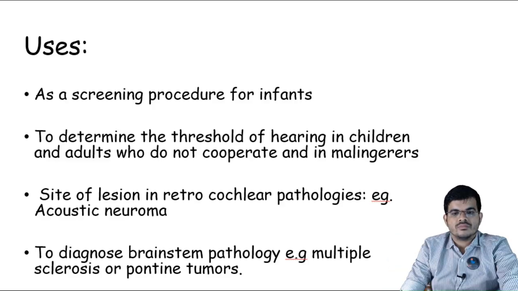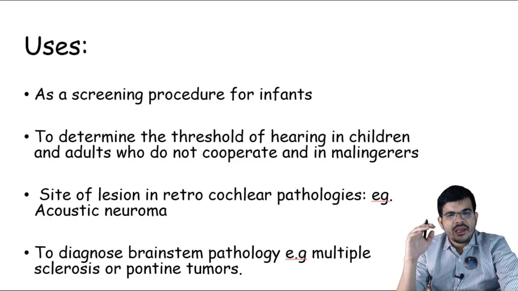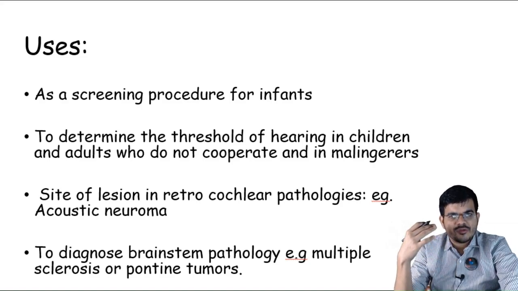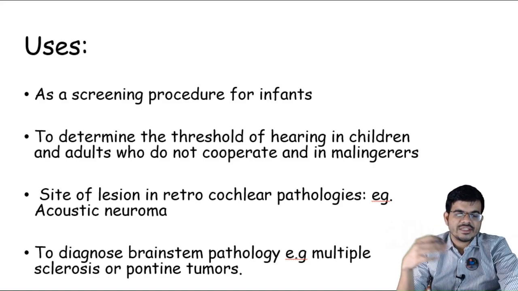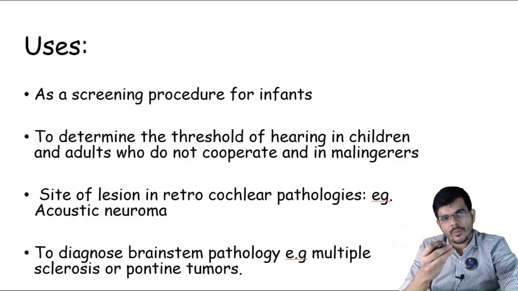So what are the things that you look for in a patient who is suspected of having a vestibular schwannoma? Now, you know that vestibular schwannoma is a tumor which is arising in the area of the internal auditory meatus. The details of this tumor will be discussed in a separate session. For now you know that it is a tumor arising from the internal auditory meatus.